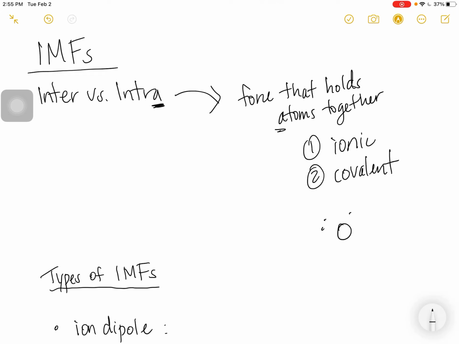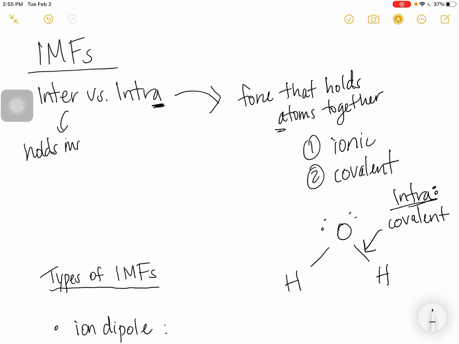So if we talk about water, which tends to be our favorite thing to talk about, this is an intramolecular force, and that's the covalent bond, okay? Very hard to break in intra. To break an intramolecular force, that's a chemical reaction, okay? But different from that is inter, which holds molecules together.